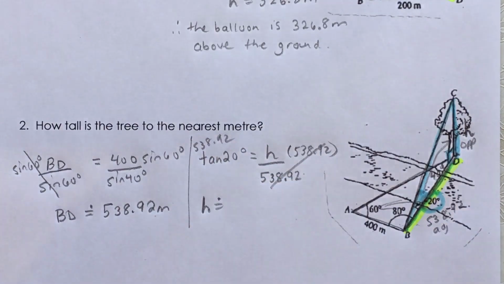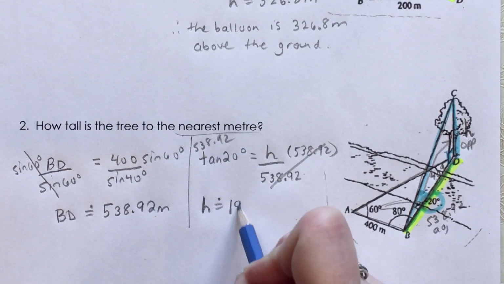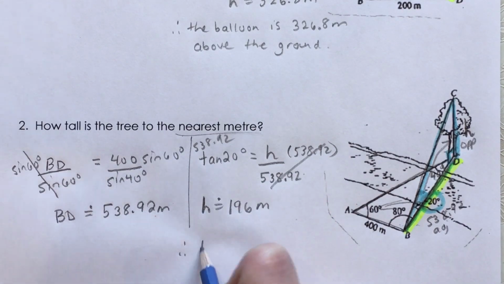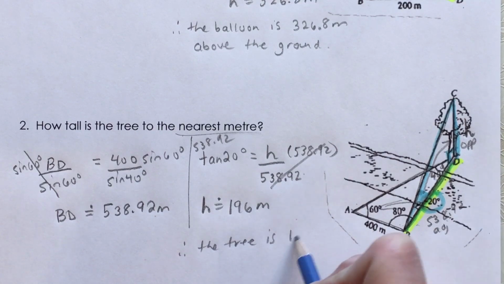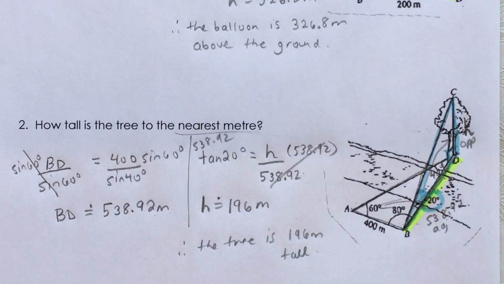And then use our calculator. 538.92 multiplied by the tangent of 20 degrees, 196.2 approximately, but it says nearest meter here, so that's approximately 196 meters. So therefore the tree, very tall tree, is 196 meters tall to the nearest meter.